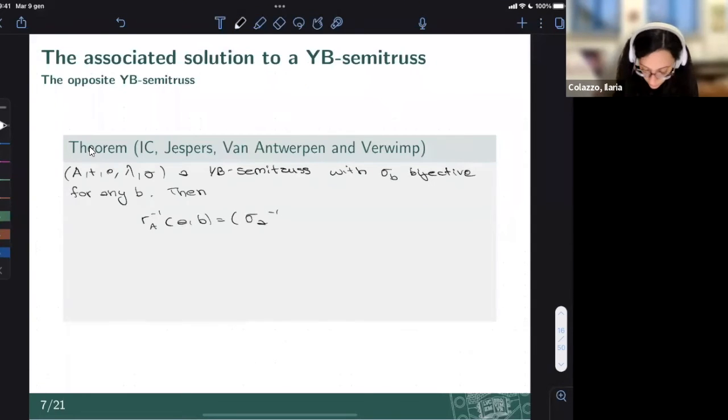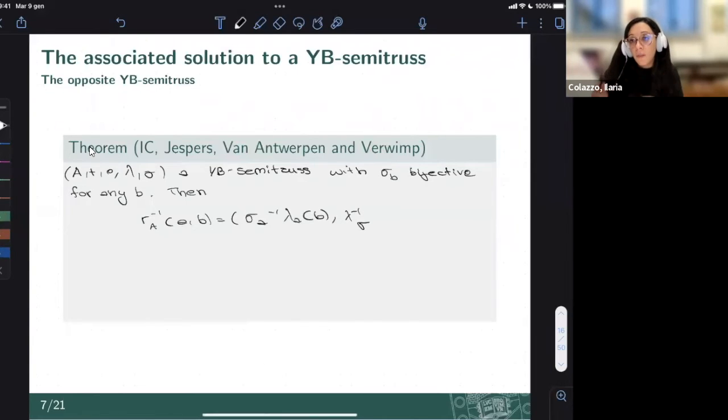It is not difficult to see this, and we can see it is sigma inverse of A. So we really use the fact that the sigma are bijective. So sigma inverse of A, lambda_A of B, and lambda inverse of sigma inverse of A, lambda_A of B, is just A. But we can say more.